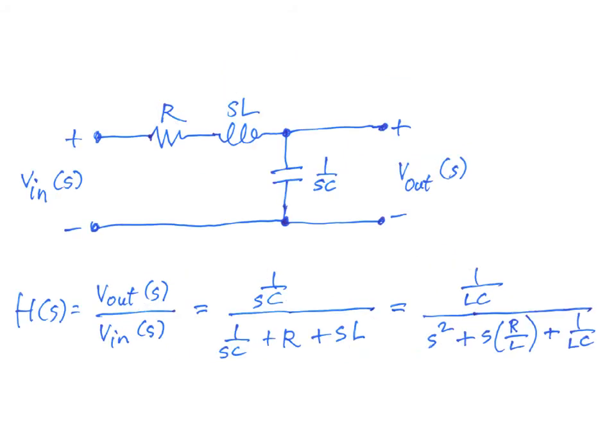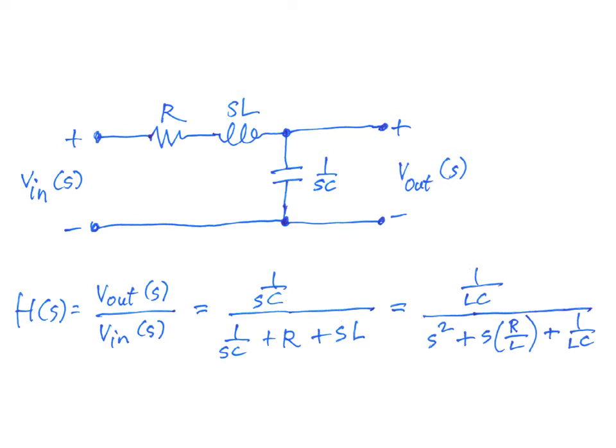Next, use circuit analysis techniques as if these were resistances to calculate the ratio of V out to V in. So we have a series shunt network. We take the impedance of the shunt element, put it on top, and on the bottom put the sum of series and shunt impedances.